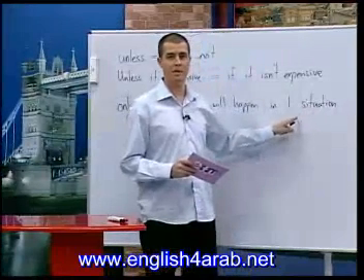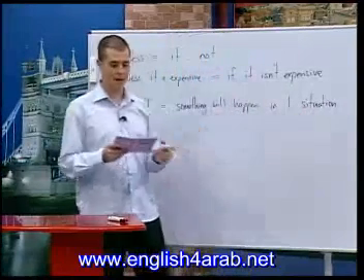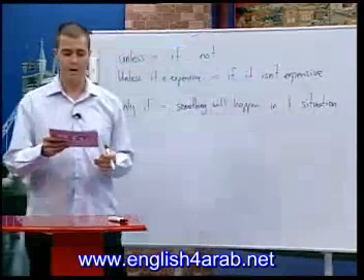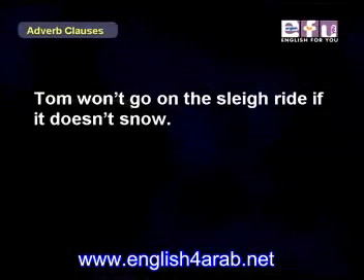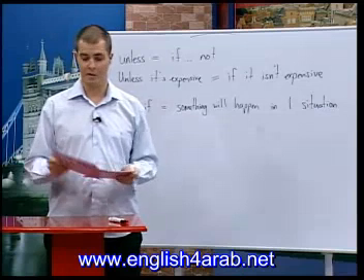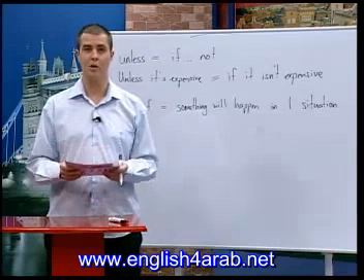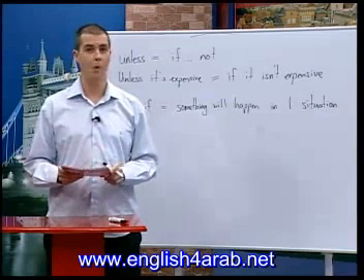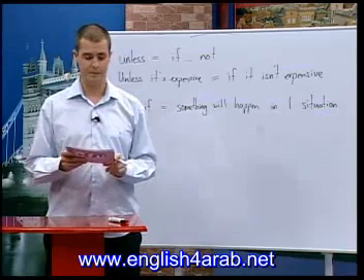That situation must happen first, then something else will happen. For example, Tom won't go on the sleigh ride if it doesn't snow. This is the same as the first sentence: Tom will go on the sleigh ride only if it snows. It means he won't if it doesn't.